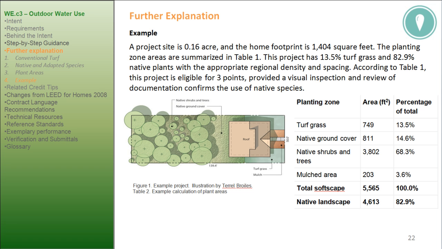Native shrubs and trees, 3,802 square feet, 68.3%. Mulched area, 203 square feet, 3.6%. Total softscape, 5,565 square feet, 100.0%. Native landscape, 4,613 square feet, 82.9%.